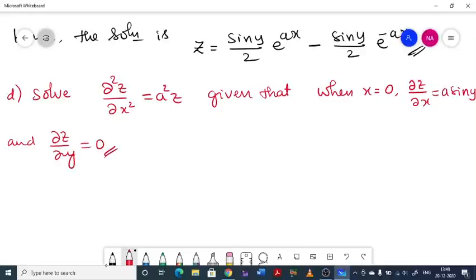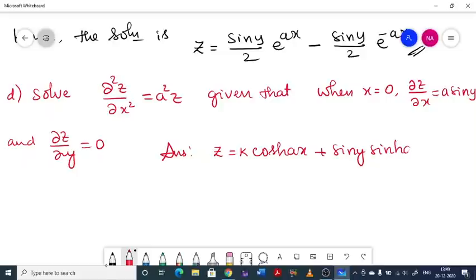This is the twist here. So I have to get finally the answer z equal to some constant k into cos hyperbolic ax plus sin y sin hyperbolic ax. So try to solve this.